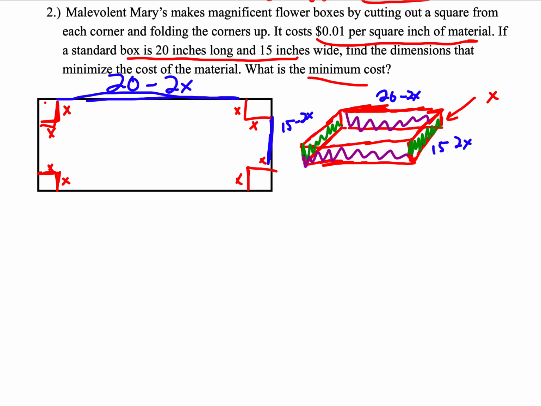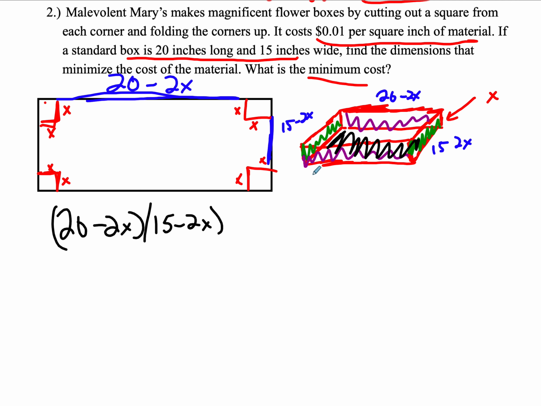And then, it's tough to see, but I also have 1 of these bases. So the base is 20 minus 2x times 15 minus 2x. So I've got 1 of those, then I've got 2, and I've got 15 minus 2x times x.